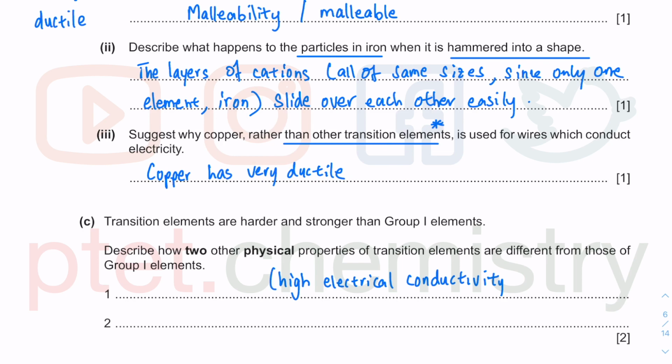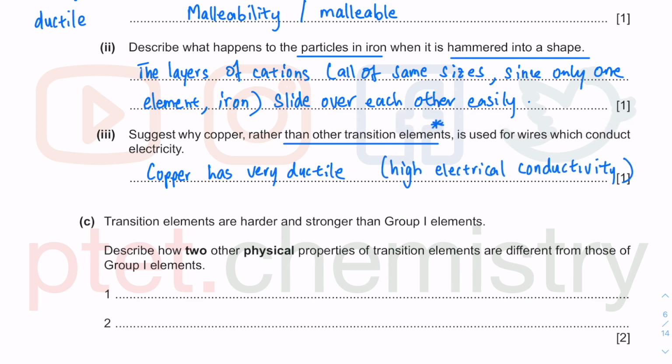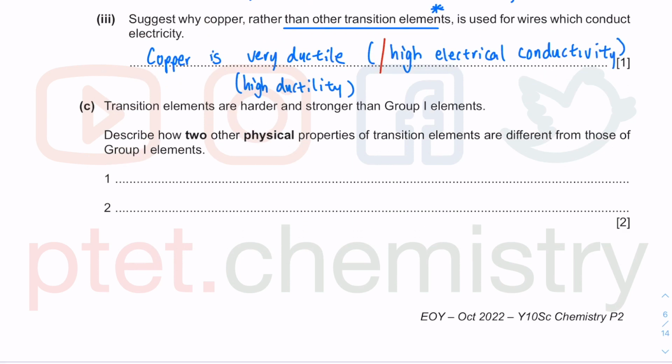We can also say that it's actually not much cheaper compared to other metals, but it is so widely used that we generally accept that it's kind of universal in its application of being used as this electrical wiring material. So copper is ductile, or has high ductility. That is what made it useful as an electrical wiring kind of metal.